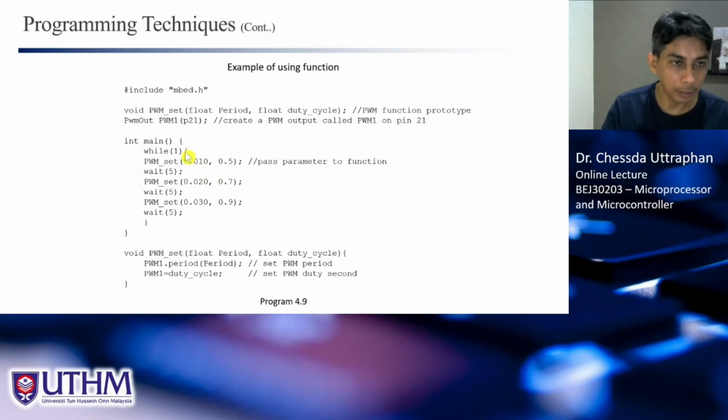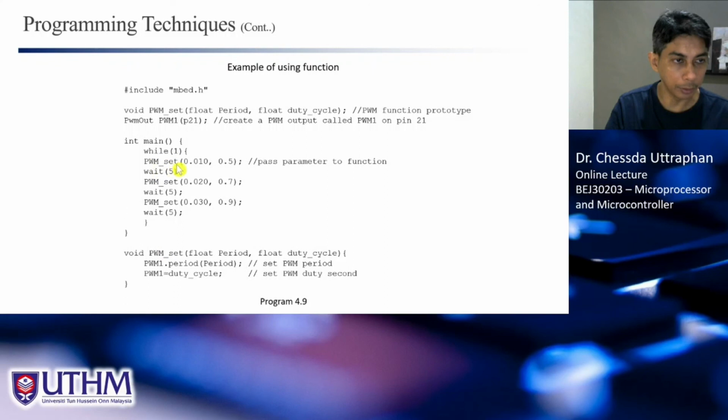So for example, in our program, we can write a function to set the PWM duty cycle and period, right, using a function. We have the function called PWM set here, and when we use the function, we can write like this.